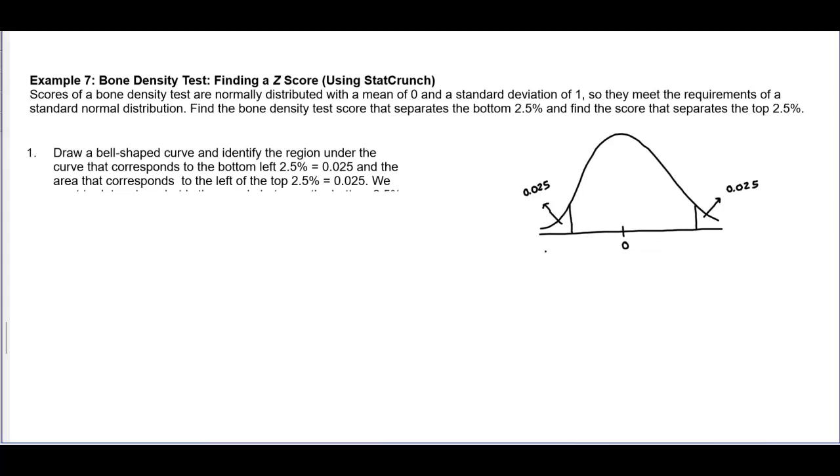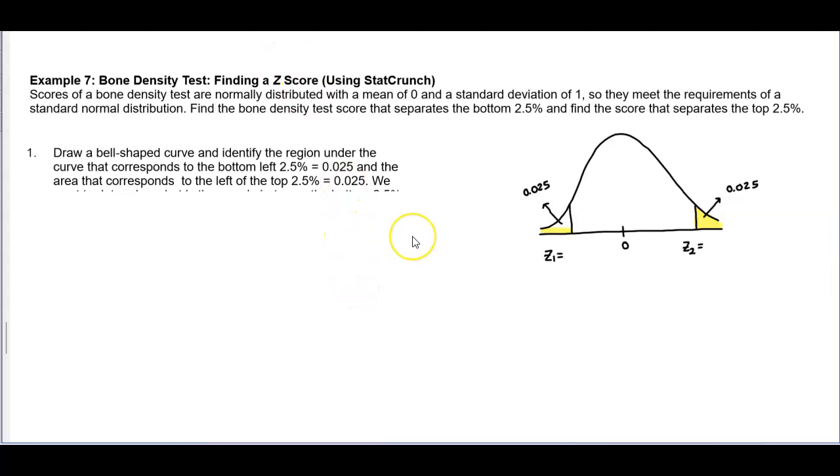And so we want to find out what is the z-score here and then what is the z-score here. Because again, these are two different z-scores. Now keep in mind, to the left of 0 is going to be a negative value. To the right of 0 is going to be a positive value. So let's go ahead and highlight our areas. This area represents 0.025, and this area here represents 0.025.